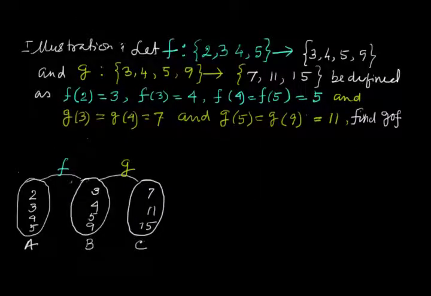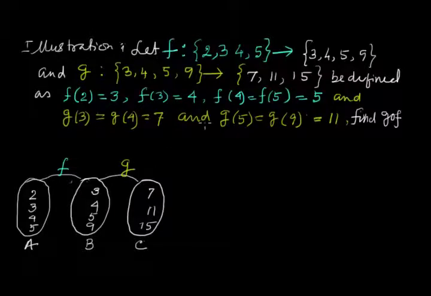Let us see an example. Here we are taking f, which has domain A containing the elements 2, 3, 4, 5, and under f the codomain B contains the elements 3, 4, 5, 9.